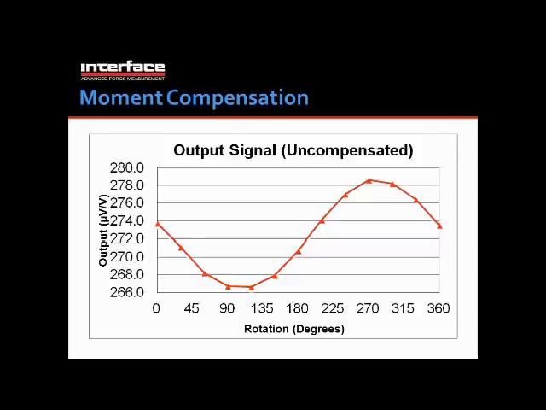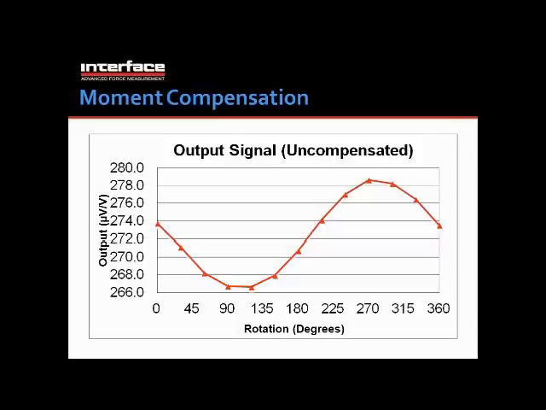If we take the difference between the highest value and the lowest value, we get about 12 microvolts per volt of difference, which in this case would be greater than our spec for moment for a specific model.